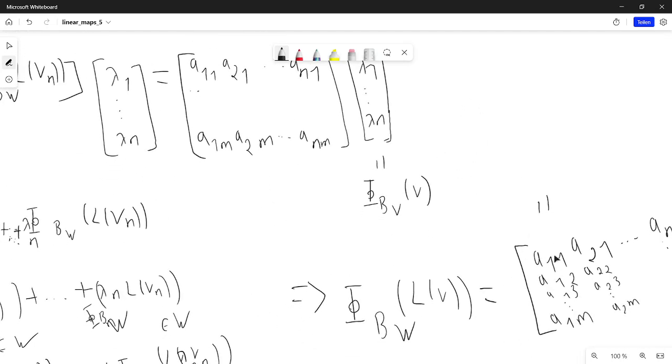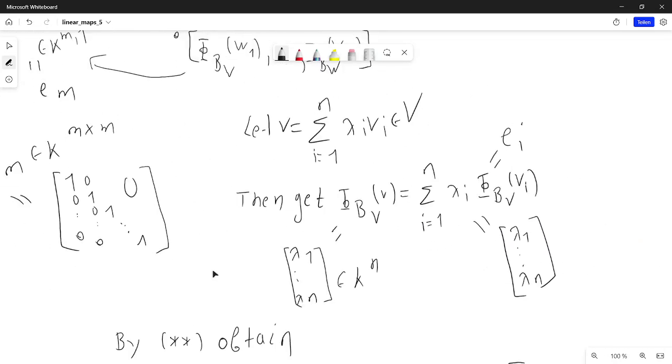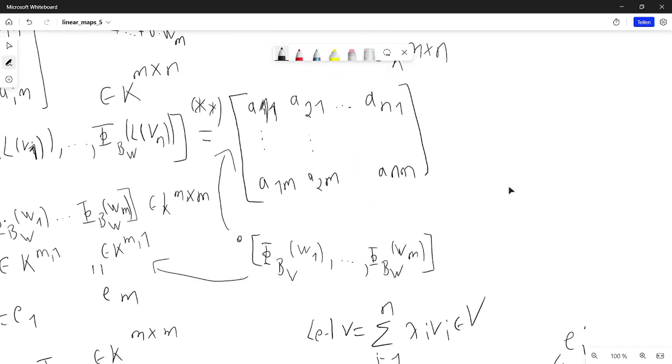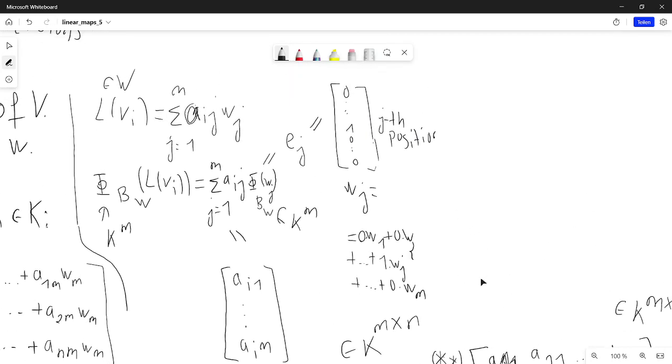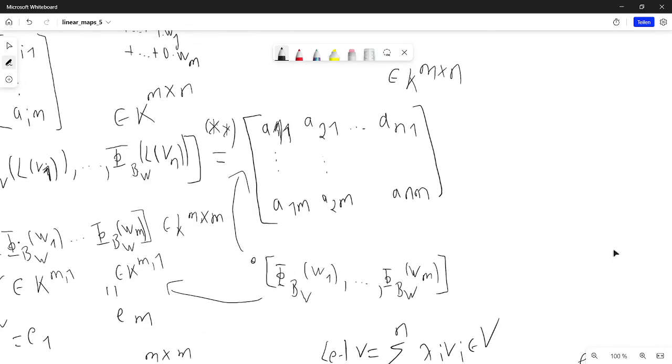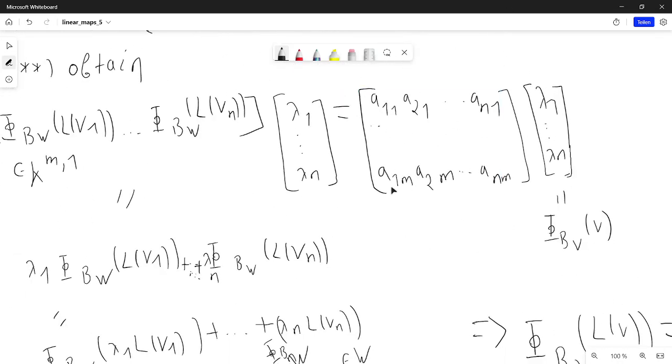What were those representation things? Let's look at that. We go through J from 1 to M, and I is kept fixed. For example, I is equal to 1, and we go through all J's in the second index. So A1, and we go through 1 to M. A11, A12, A13, A14, until A1M. This is that thing here.